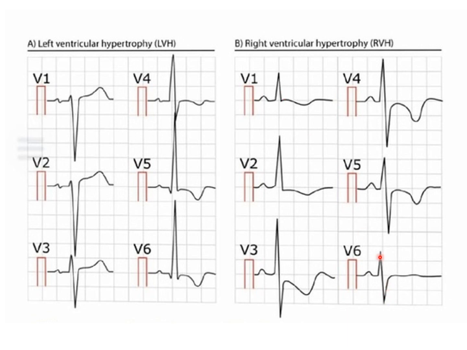So 10 plus 10 is equal to 20 millimeter. So here RV1 plus SV6 is equal to 20 millimeter. Remember, it should not exceed 10. If it is more than 10, that is telling you right ventricular hypertrophy. This is how you have to find out ventricular enlargements in case of ECG.